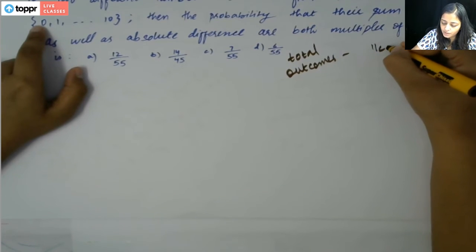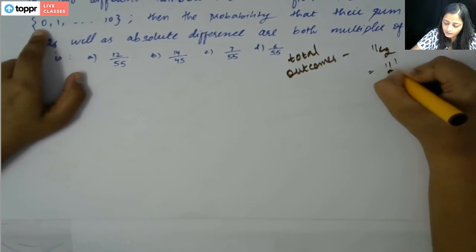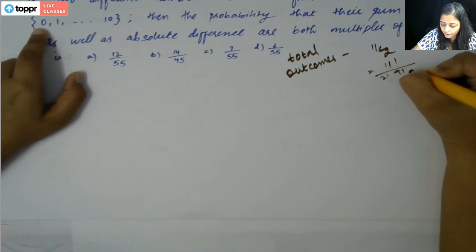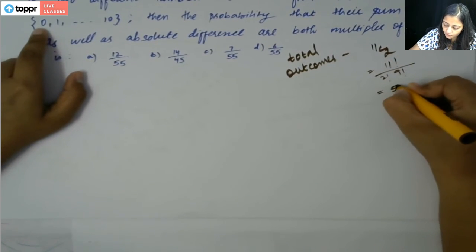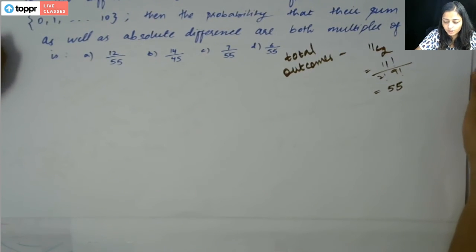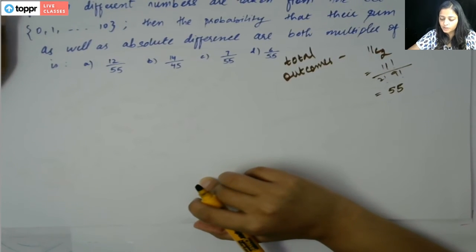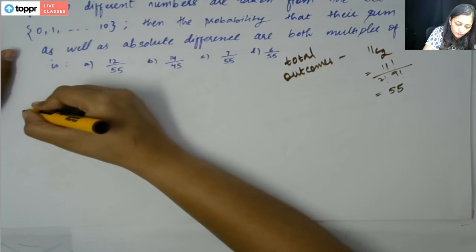So total outcomes are 11C2, which is equal to 11 factorial by 2 factorial by 9 factorial. So it is equal to 55.